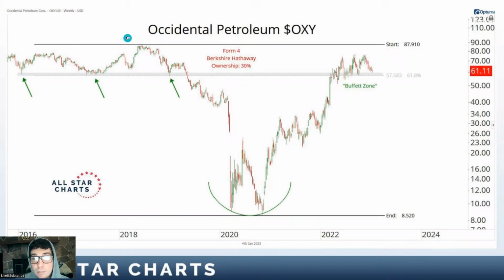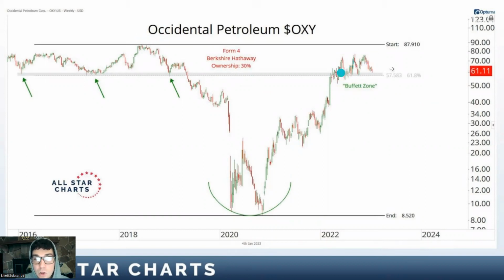Occidental Petroleum, okay, Oxy. We talked about XLE being the best performing sector. Berkshire Hathaway has been accumulating, buying lots and lots of Occidental Petroleum. He owns tons of it, and he possibly could be looking to own even more.